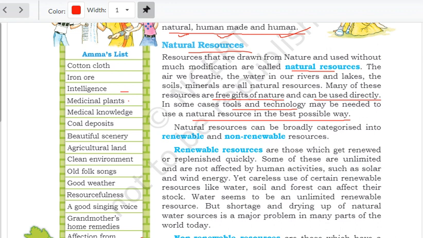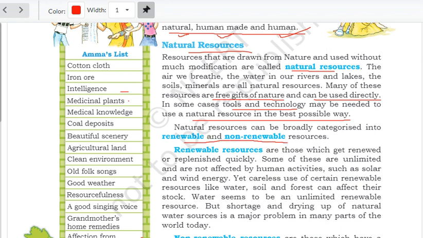What do we need? From the soil or from the stones, we have to undergo many processes before we can extract iron ore from the soil.